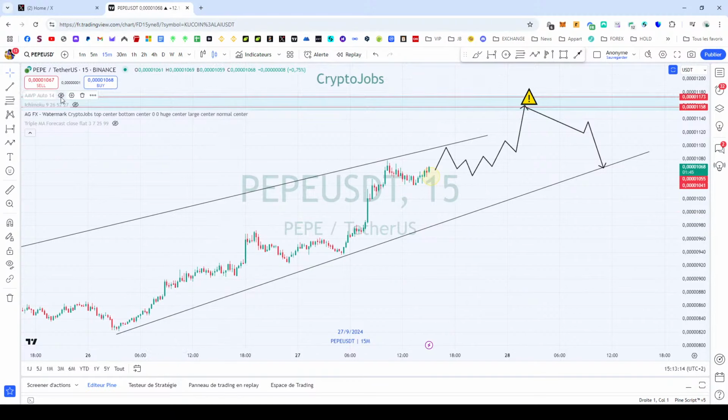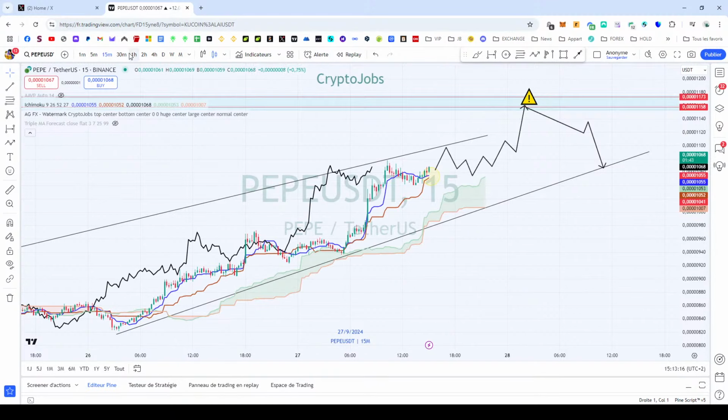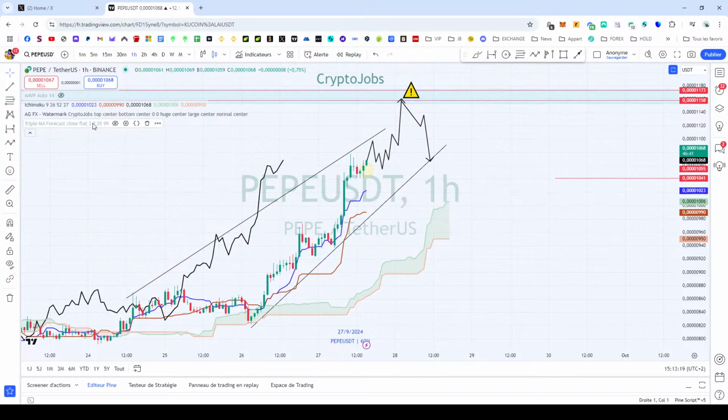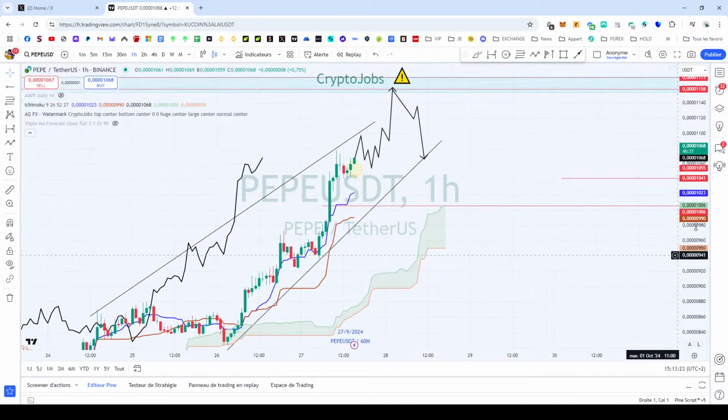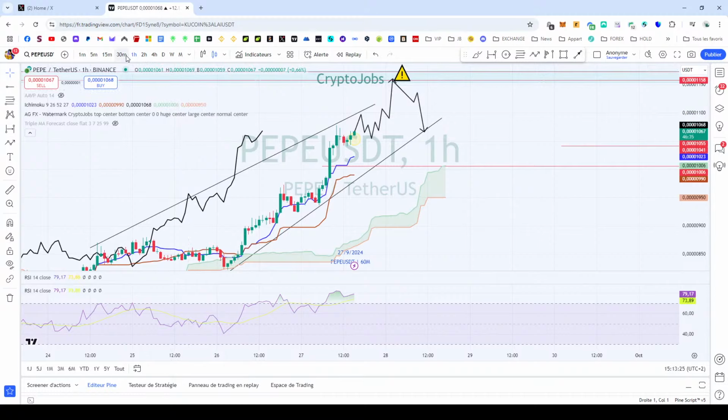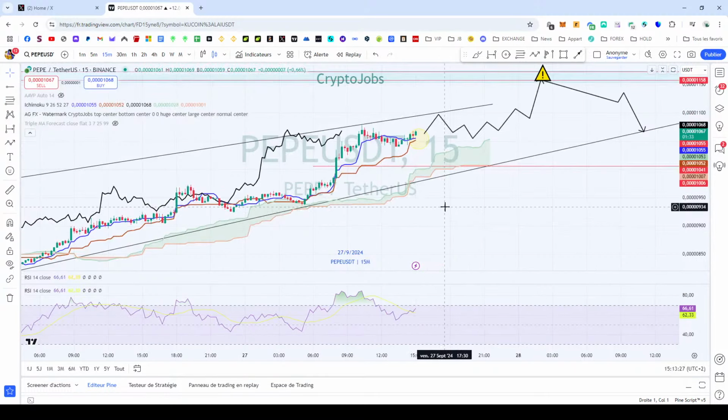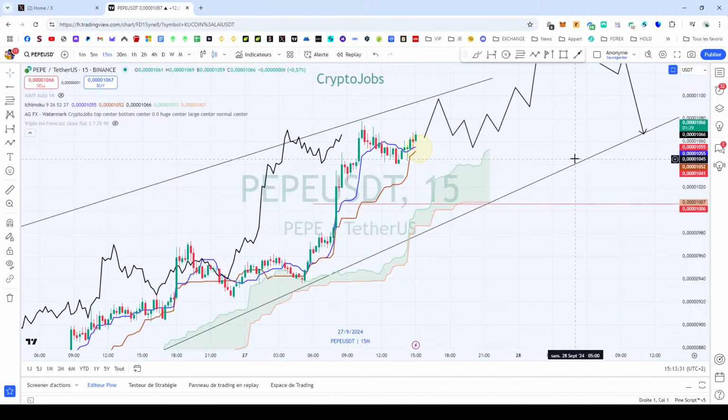But currently, if you intend to long on Pepe, I recommend you wait, because we are a bit overbought at the moment, as you can see. So it's never good to FOMO. I would wait for a lower entry.